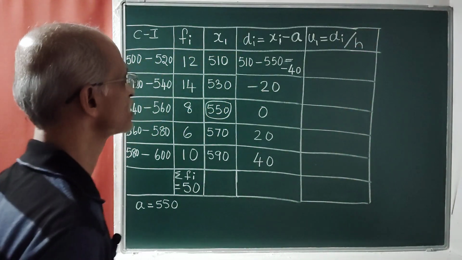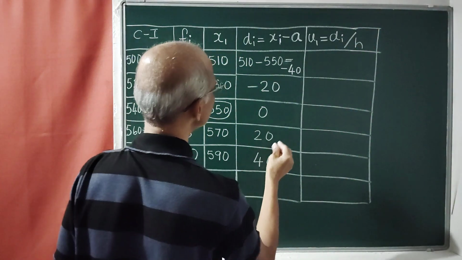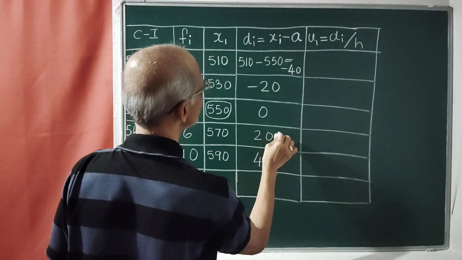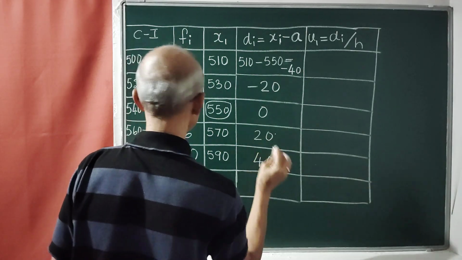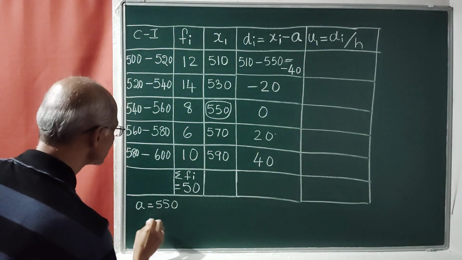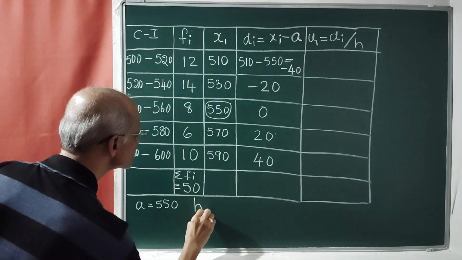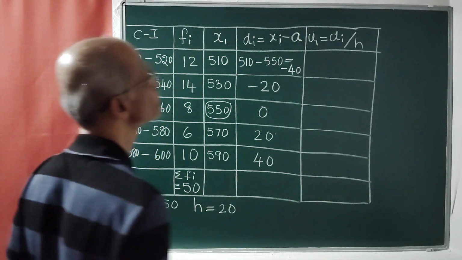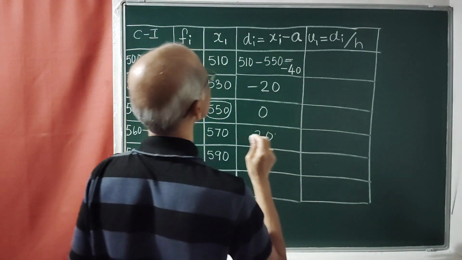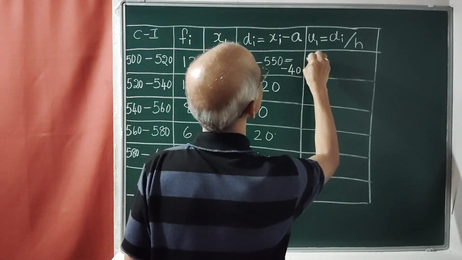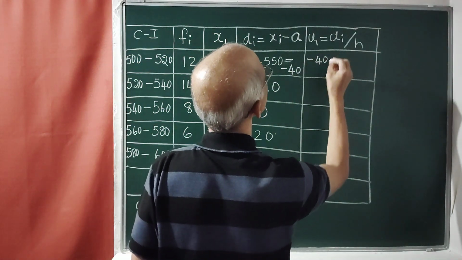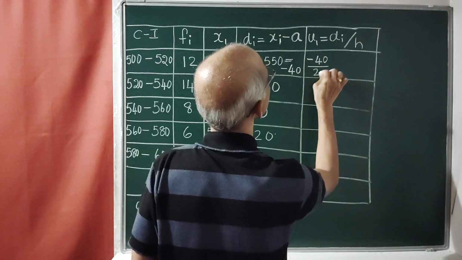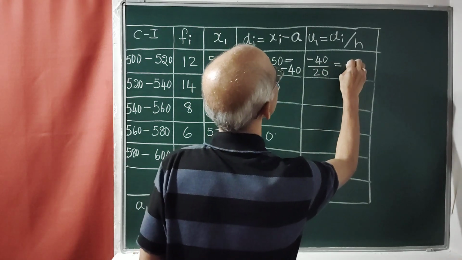Now the value of h is what? We'll take, because 20 is the common factor, h is equal to 20. So we have to divide it. Minus 40 by 20, we get minus 2.